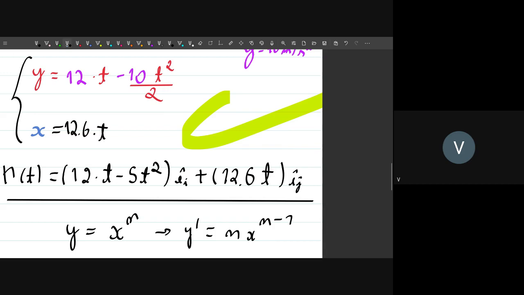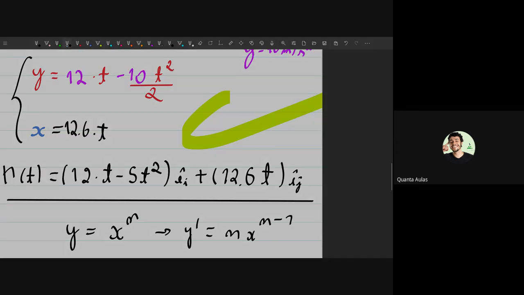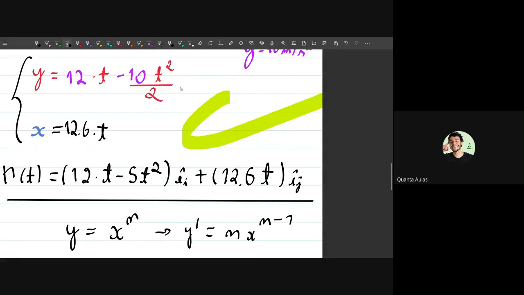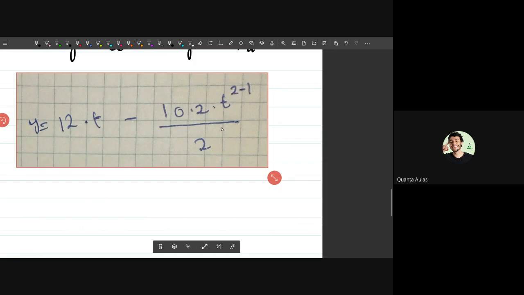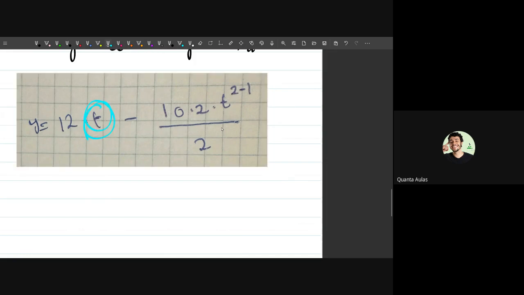I sent you my answer. Okay, let me see. I am not understanding what you wrote here. Is this a letter T? Yeah, but you need to derive this T too. What's the derivative of T in this situation?